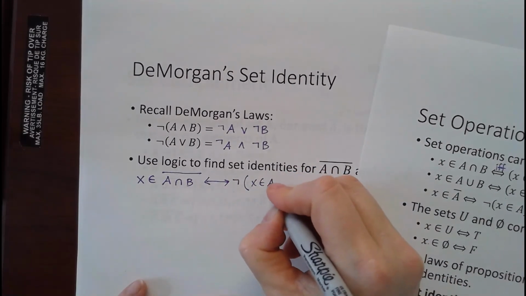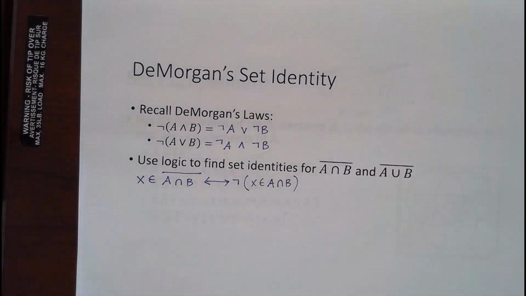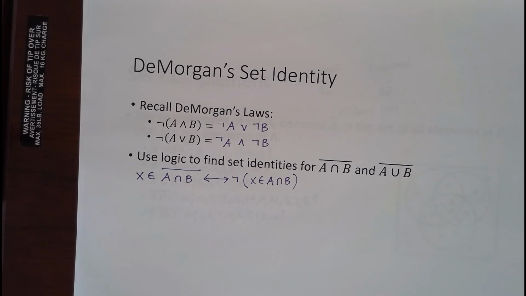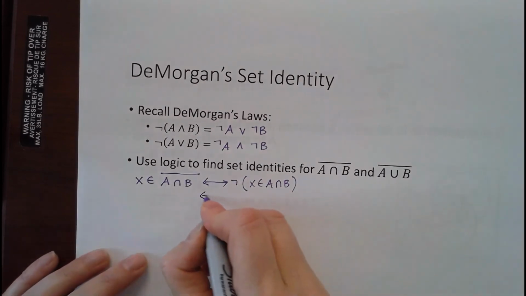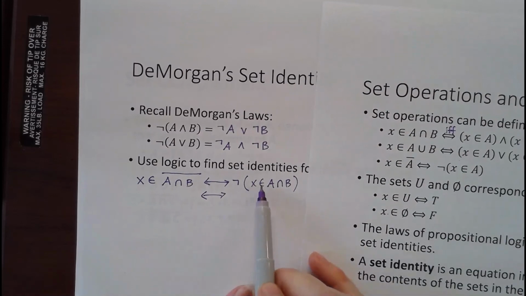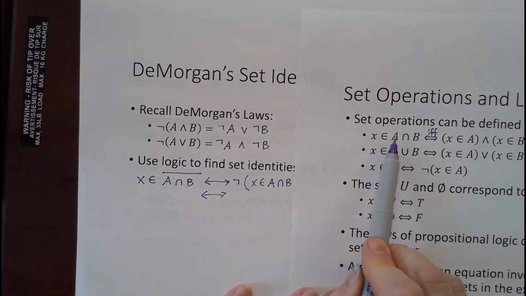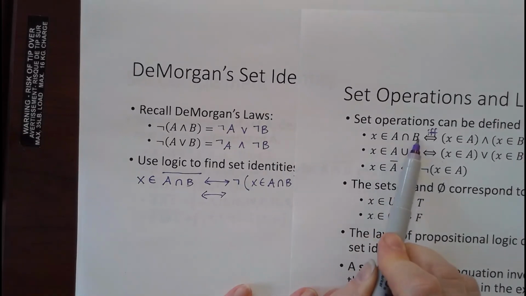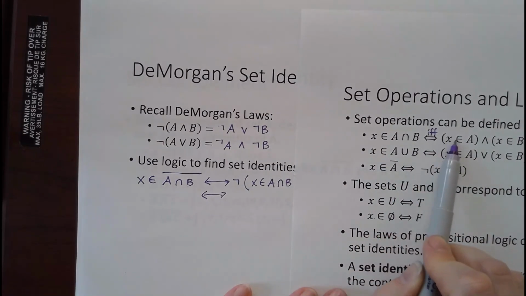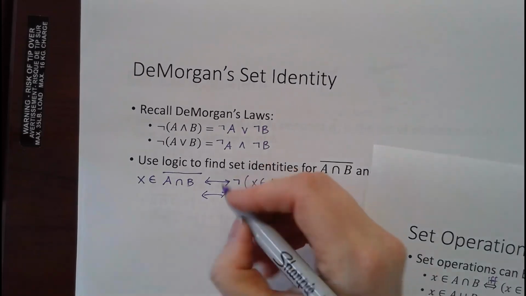A intersect B. Now we have X as an element of A intersect B. We know that X is an element of A intersect B only if it's both in A and in B. So we can replace this with its equivalent definition.